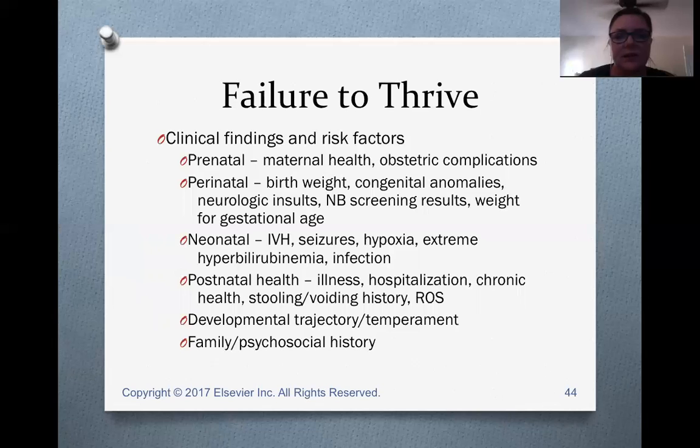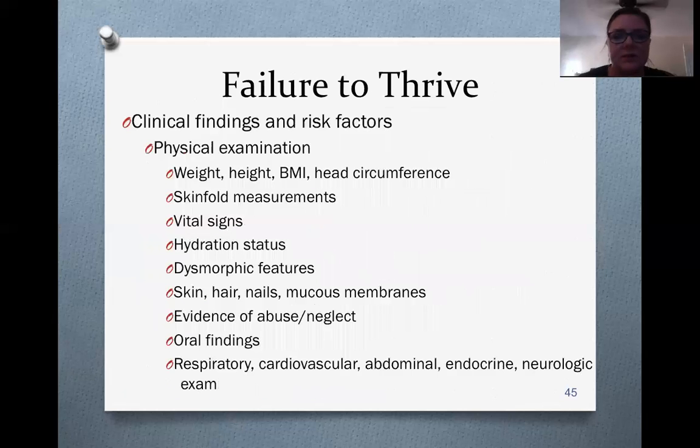You have to get a very complete history and do a very complete physical and workup. So failure to thrive is a difficult diagnosis to manage.